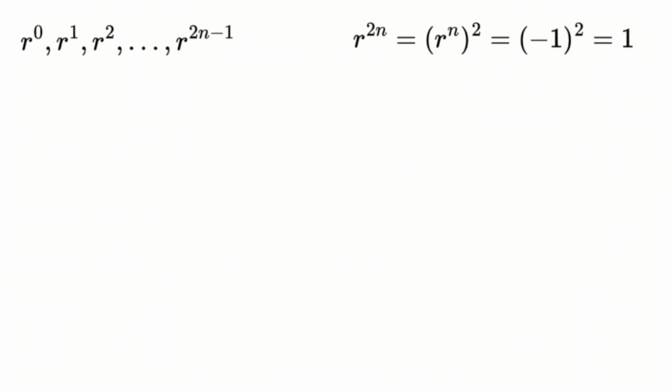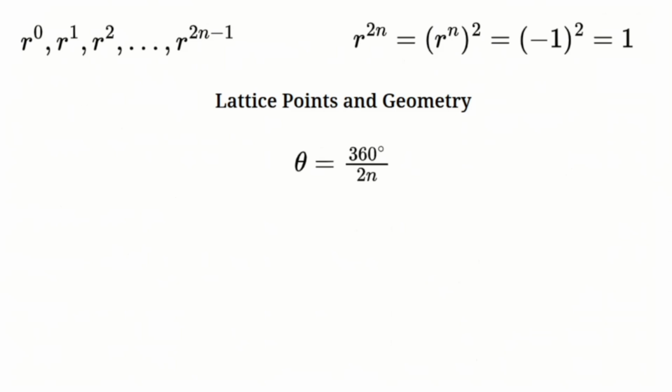Each system corresponds to a unique 2D lattice where the powers of r plot out evenly spaced points on the unit circle, separated by theta equals 360 degrees divided by 2n. For example, when n equals 2, we get a square lattice corresponding to complex numbers. When n equals 3, we get a hexagonal lattice corresponding to Mokabic numbers. When n equals 4, we get an octagonal lattice, and so on. Each of these lattices defines its own algebraic behavior.